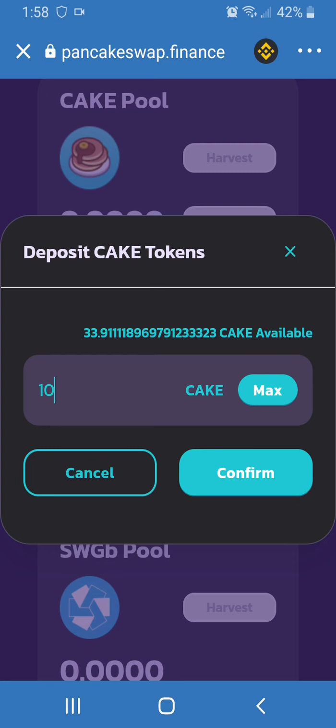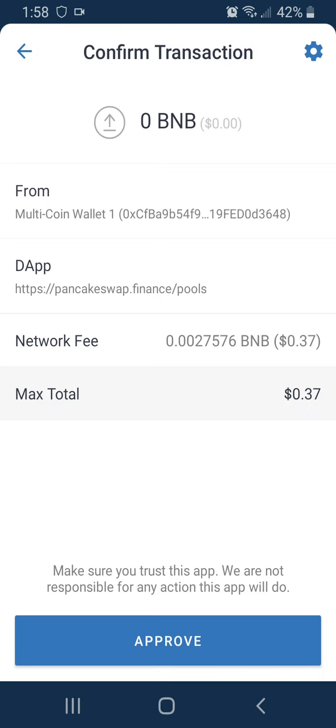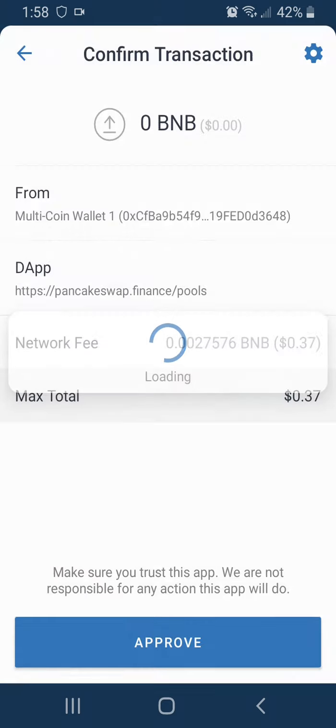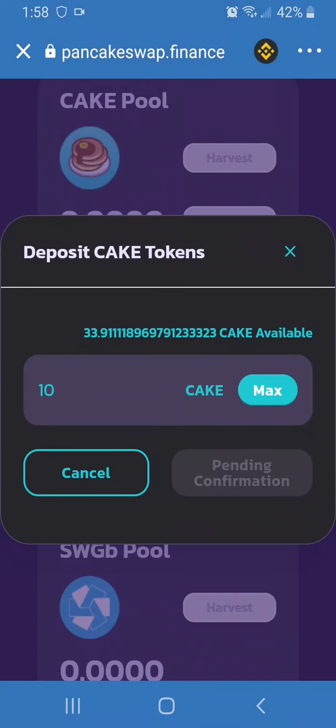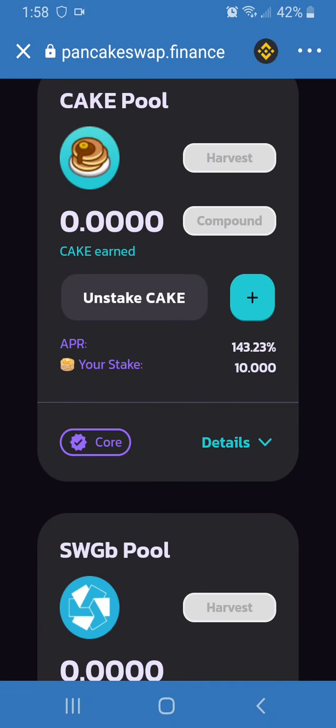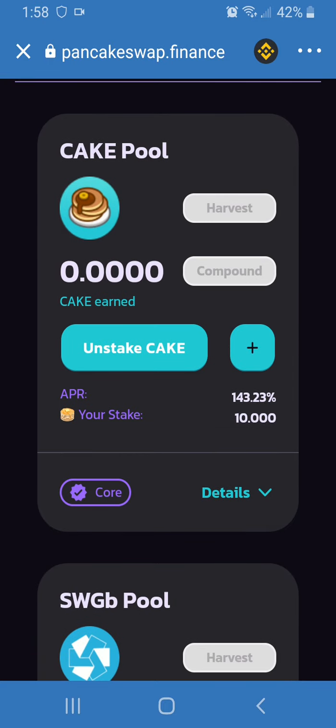So I'm gonna stake 10 cake, 37 cents. Pending, as you could see in there. All right. Now it'll just take a moment. Boom. Now I have 10 cake staked, and I'll start gaining cake immediately.